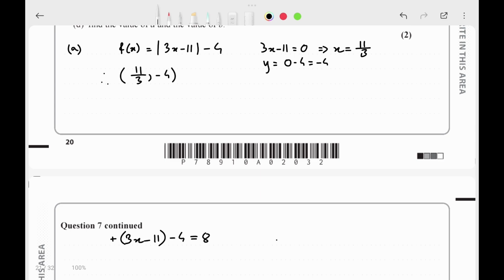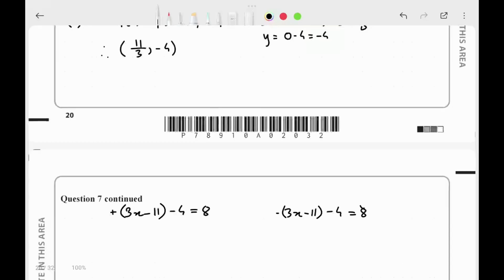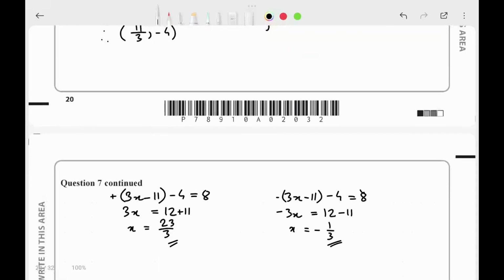And for the second equation, it's going to be negative. So we have found the corresponding values of x. So we're done with number B.